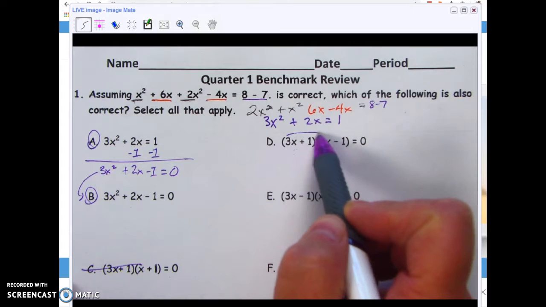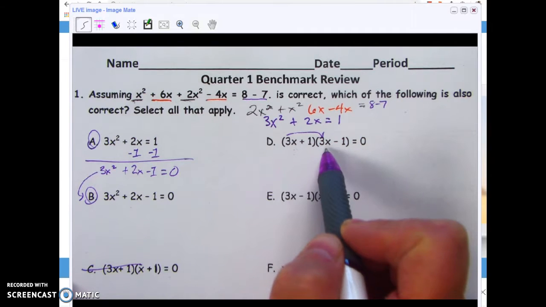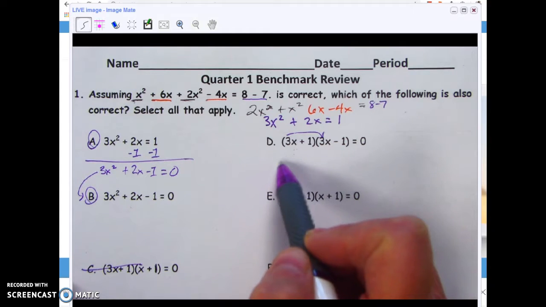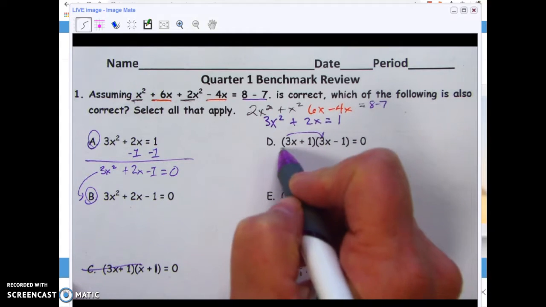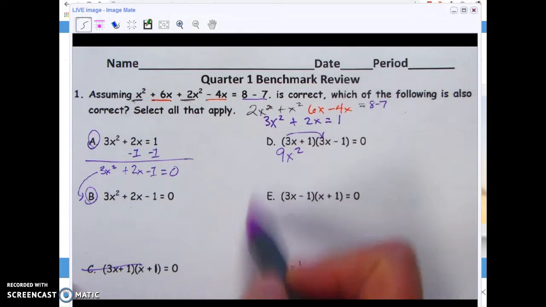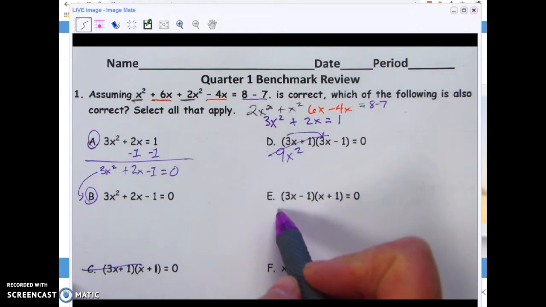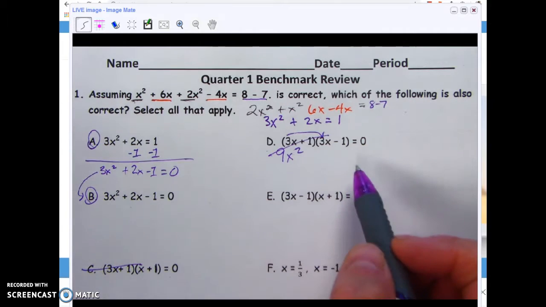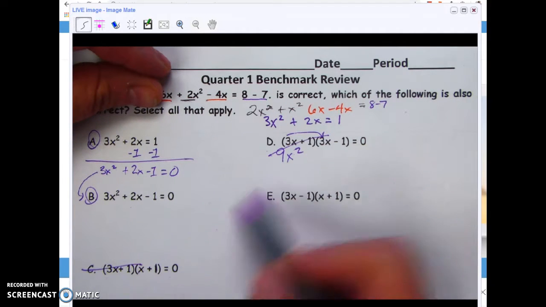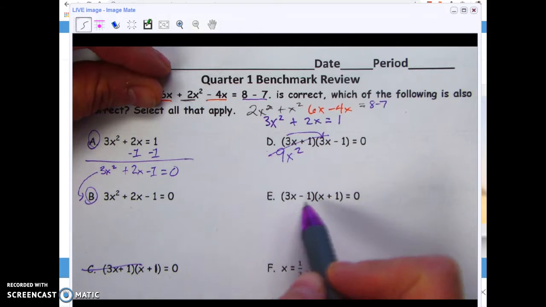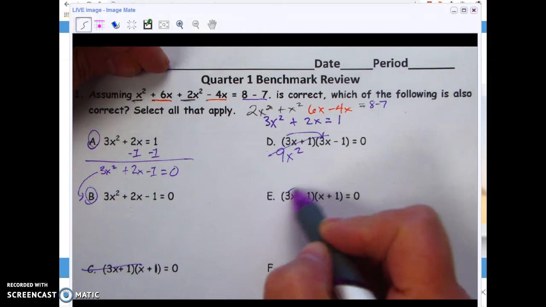It doesn't work. Now I'm going to look at this one. Okay, so 3x times 3x. Now, this is one where, if I'm not careful, I might just write 3x squared, but it's 3 times 3. That's 9x squared. I need a 3x squared. That's not going to work. So then I'm going to look at this one. Now, I'm not going to take it for granted that because this one didn't work and that one didn't work, that this won't. I'm going to multiply it out.